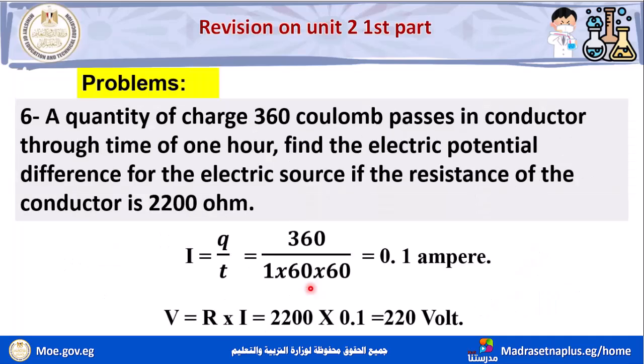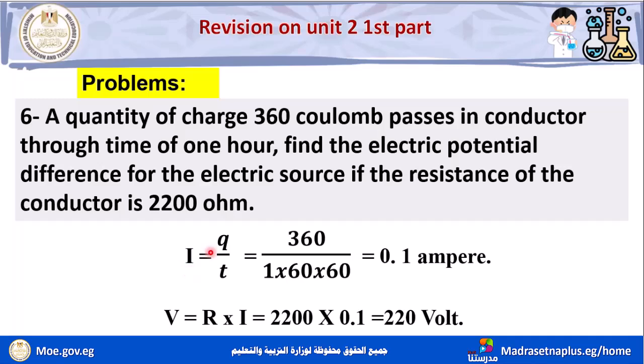Problem number 6. A quantity of charge 360 coulomb passes in a conductor through a time of 1 hour. Find the electric potential difference for the electric source if the resistance of the conductor is 2,200 ohm.